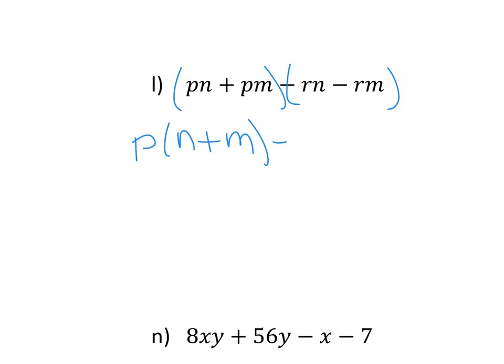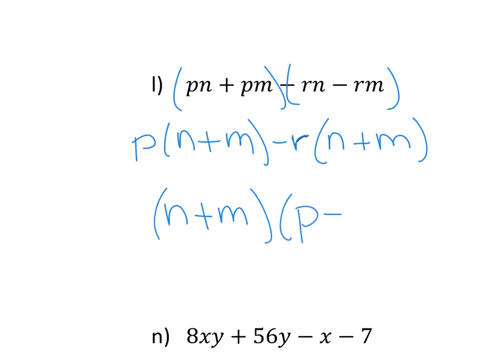And they both have an r in common. So I'm left with positive n plus m. The common binomial is n plus m. And then the leftovers are p minus r.